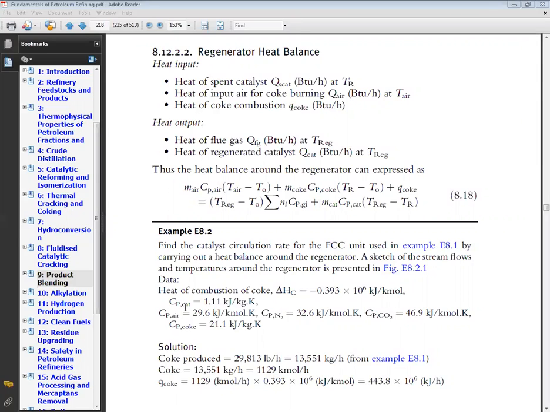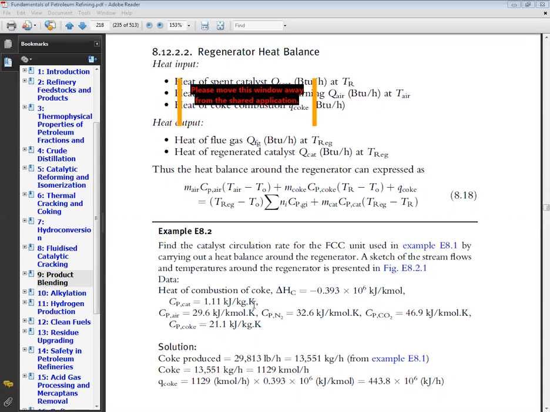Heat capacity of catalyst is given like that, heat capacity of air, heat capacity of nitrogen also will be given, heat capacity of carbon dioxide, and heat capacity of coke, 21.1 kilojoule per kg Kelvin.